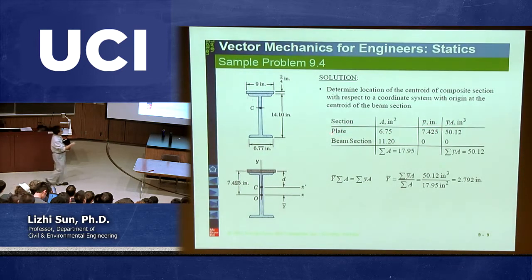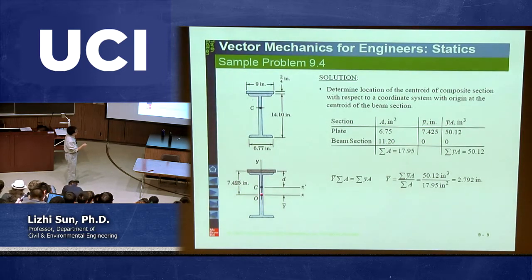Now, for each component, for the plate, what is y bar? Corresponding to this coordinate system, with the origin here, y bar for this small part is from the center to here. From here to here is 7.05.